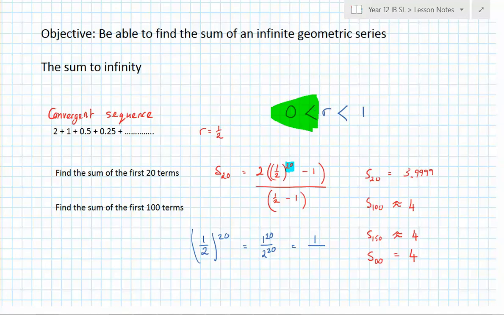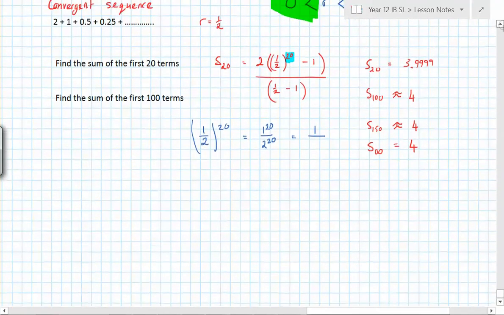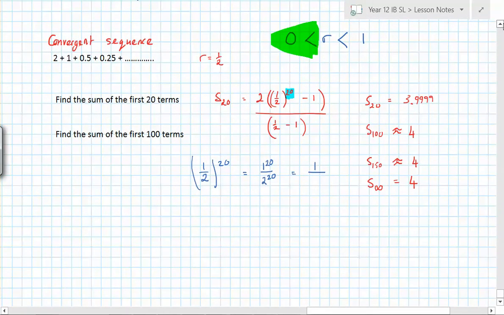So here's the question. There's one for you to have. Have a look at this now. What if this sequence that I gave you, right? Actually, let me just check first. If r is 3, why can't you find the sum to infinity when r is 3? I will check your answer.